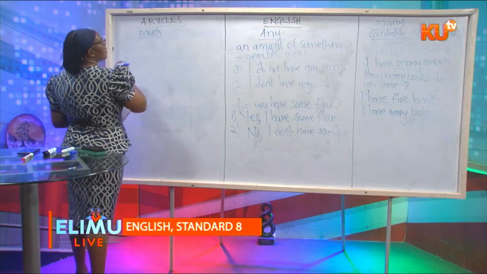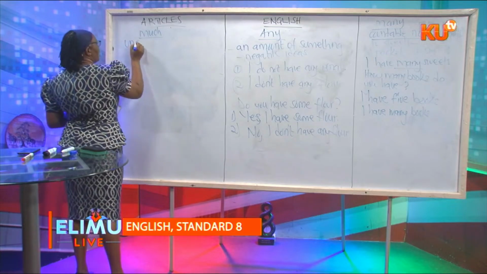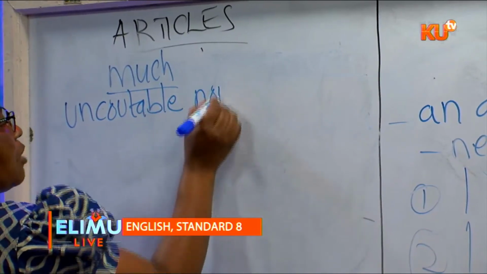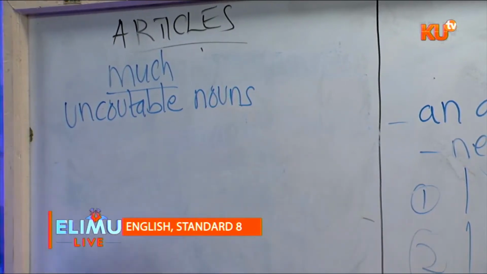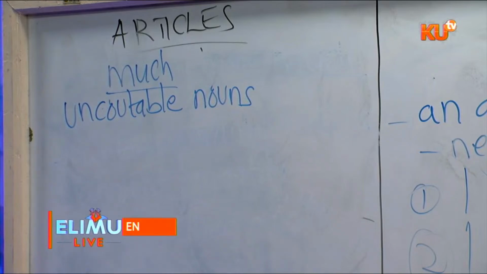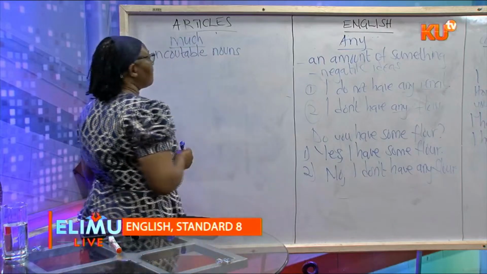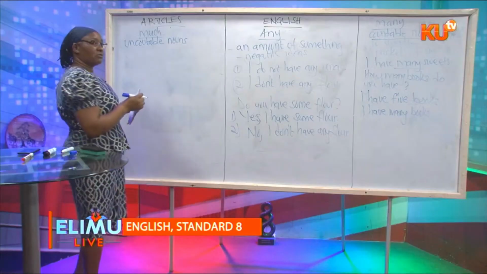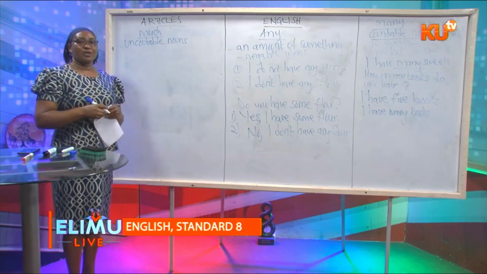The word much is used with uncountable nouns, the way we use the word many. The only difference is that much is used with uncountable nouns, things we cannot count.